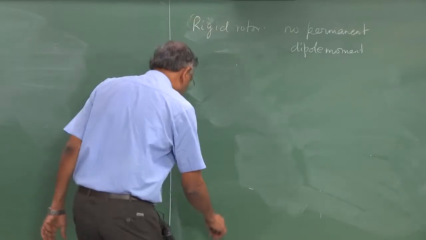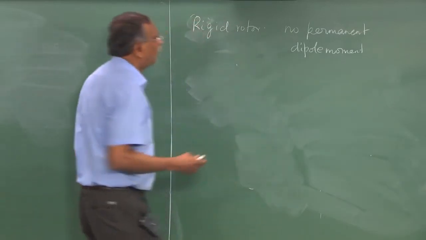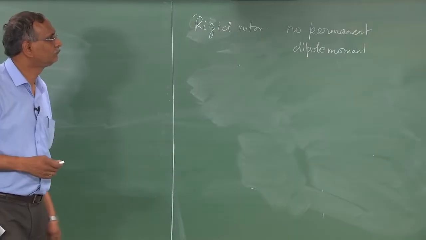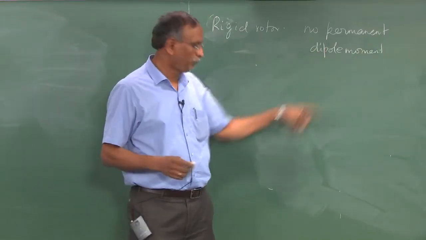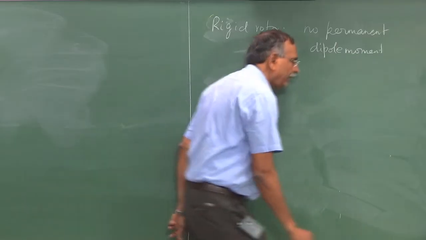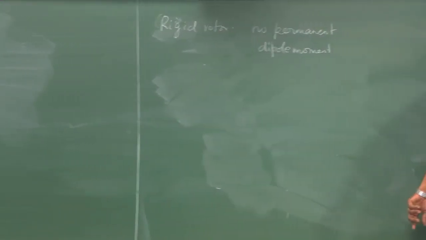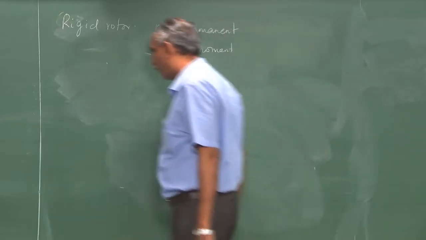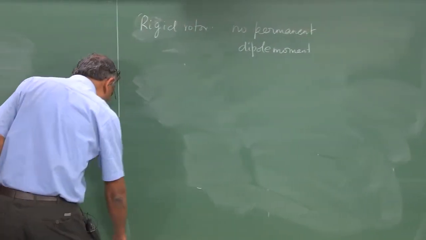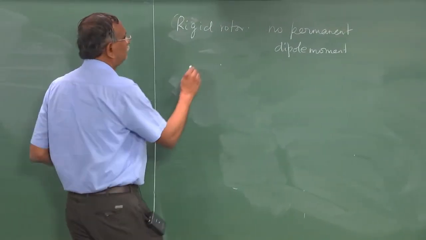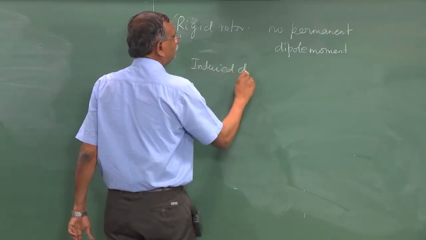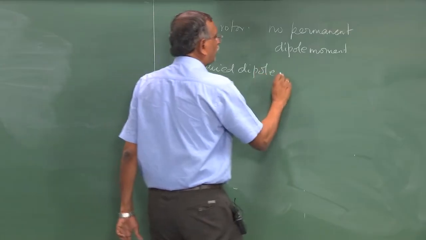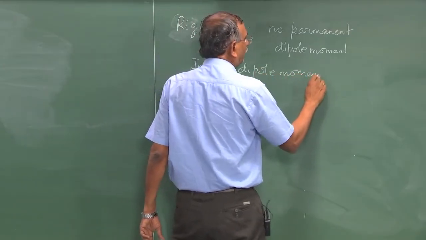So the rotational spectrum: when the molecule does not have a permanent dipole moment, it still has an induced dipole moment due to the electric field, and the induced dipole moment is proportional to the alpha.